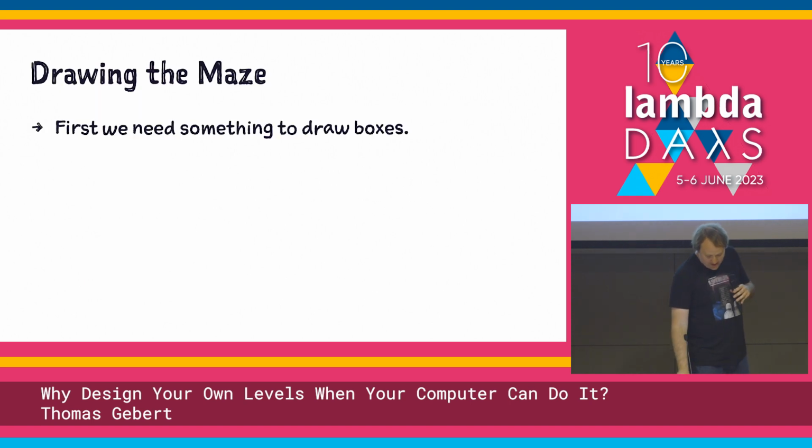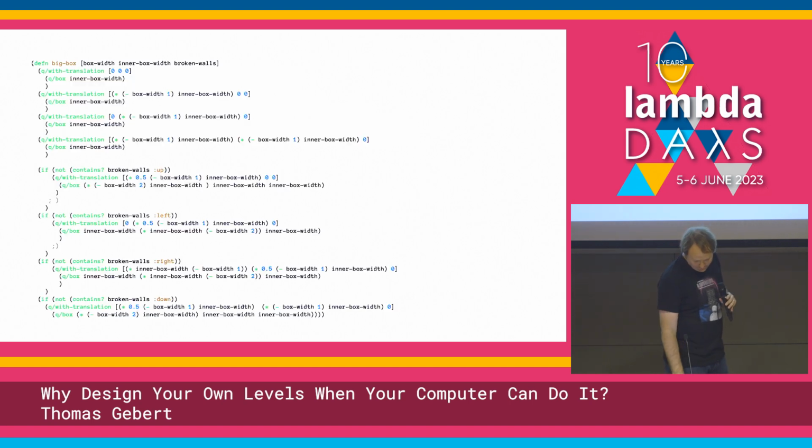And so to draw the maze, we've got to go back to our Quill thing. So what I did is I just defined a box. And a box is, I'm not great at geometry, but I think it's just 4 lines and maybe some corner pieces there. So we have a box here, and we translate the corner pieces.